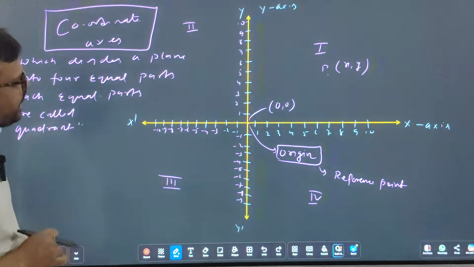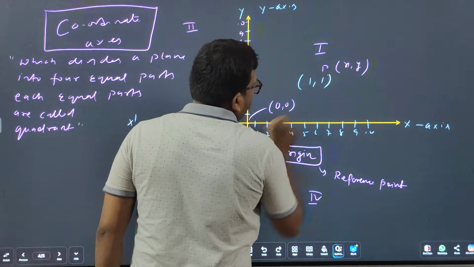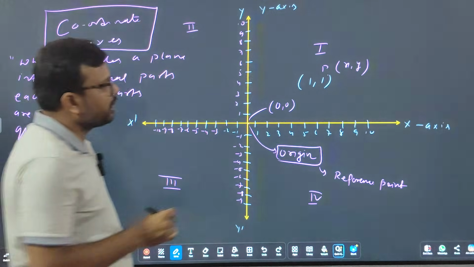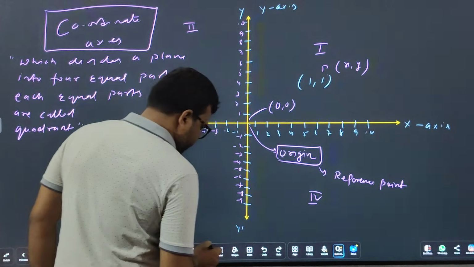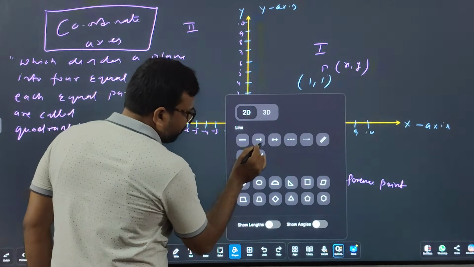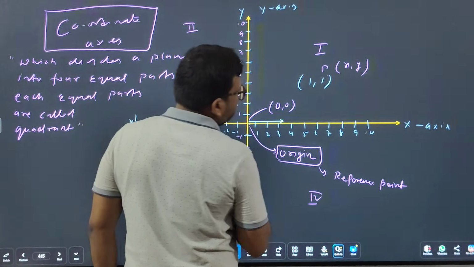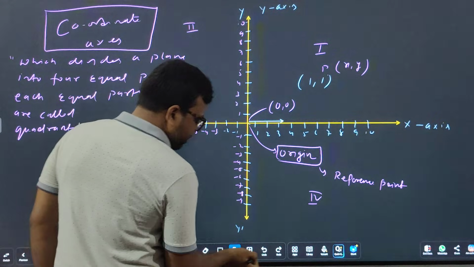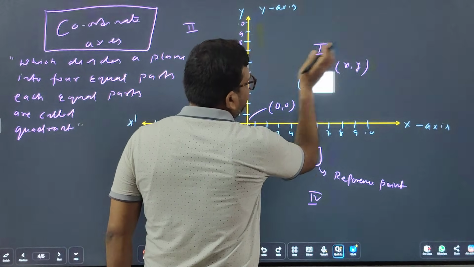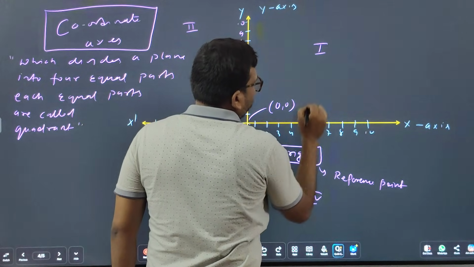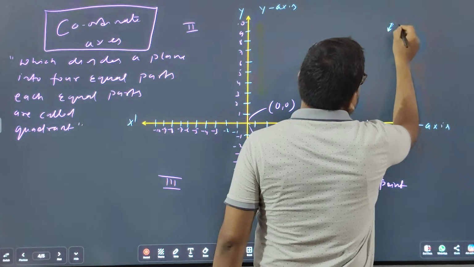So if we are taking any point in the first quadrant, 1, 1, it means here we have to move from the origin 1 unit. Now suppose there is a point 5, 5.